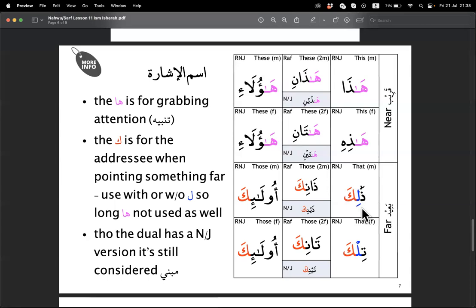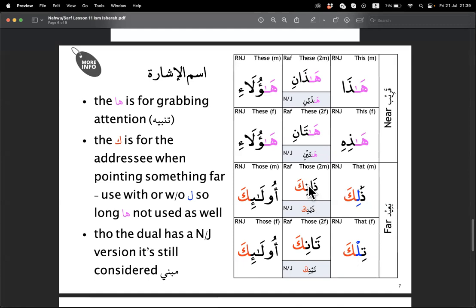So outside of the Quran, if you read Arabic text, yes, you can see dhaka, for example, because the dha is the Ism Isyarah, and then ka is who you are talking to. You don't really have to have the lam here. But in the Quran, most of the time we have the lam. Sometimes it's together, it's still the lam here, the same lam, just that it's not mentioned: it's not tilika, it's tilka.